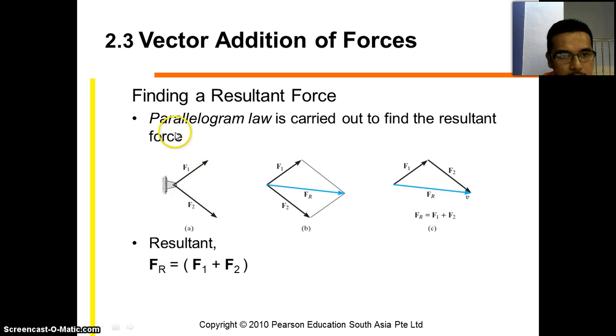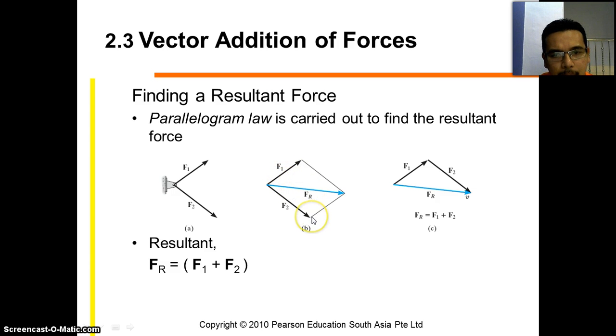We use the parallelogram law to find the resultant force. We have F1 and F2. We draw the parallel of force 1. You can see here this force 1 vector. This one is the tail of F1.